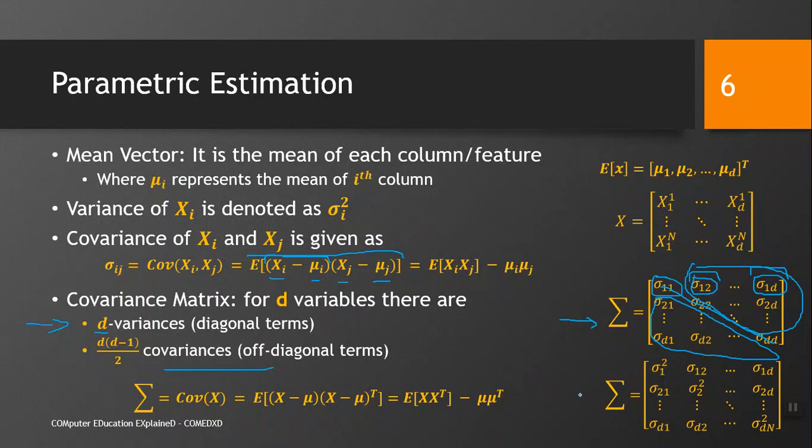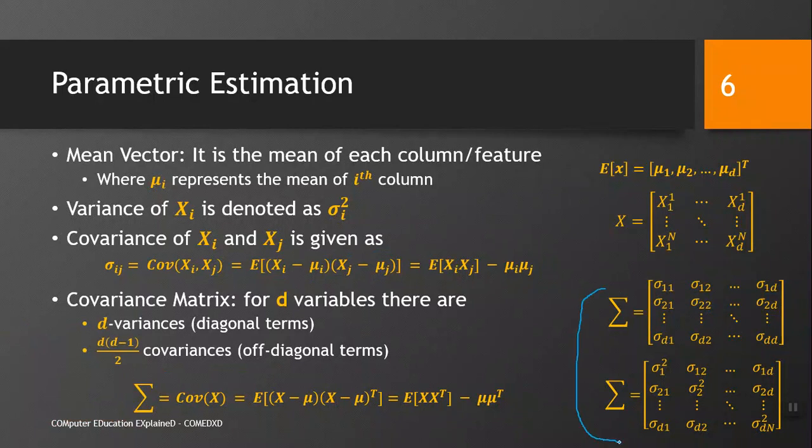So, these are the covariances, and this covariance matrix can be represented with the help of this formula. Covariance of x is given as the expectation of x minus mu times x transpose minus mu transpose when we are working with the same variable, and if we are working with different features, then we will use this formula. These two matrices are the same, just with the difference that this sigma 1 1 is simplified as sigma 1 square.